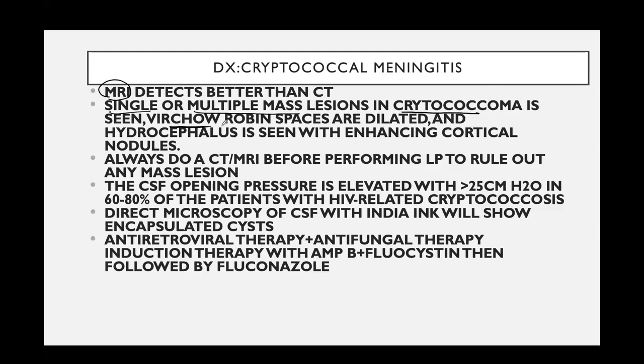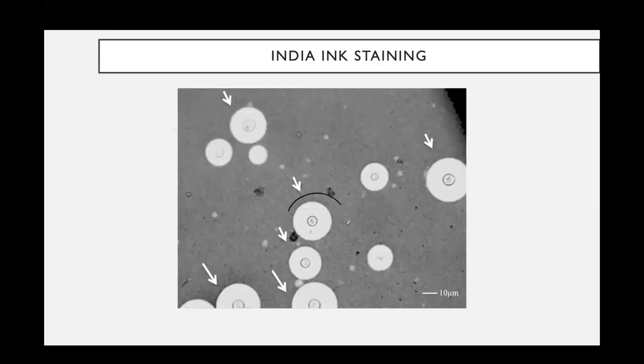Typically, it will show Virchow-Robin space dilatation, and hydrocephalus can be seen. So we have to do CT or MRI before doing LP to rule out any mass lesion. CSF opening pressure is always elevated, more than 25 centimeters of water. A direct microscopy will show encapsulated yeast. That is what exactly you are seeing.